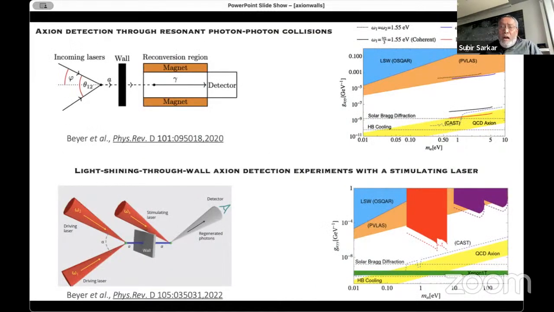But meanwhile, Konstantin had been exploring with my colleague Gianluca Gregori and others in his laser laboratory astrophysics group the possibility of detecting axions with high-powered lasers. And they thought of several ideas, which I cite here.